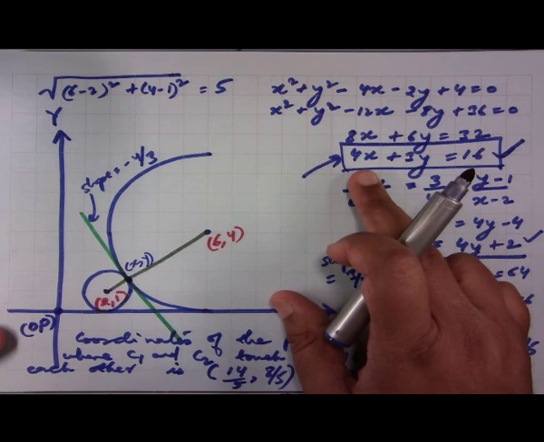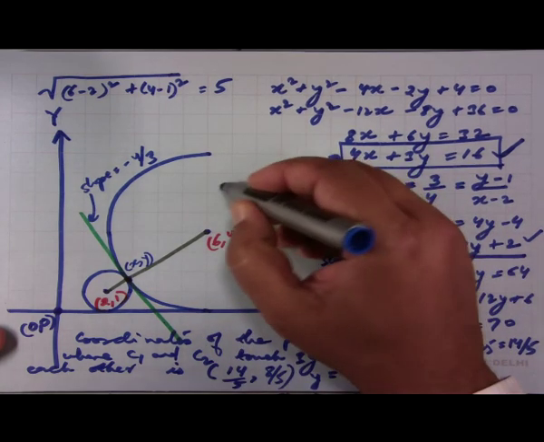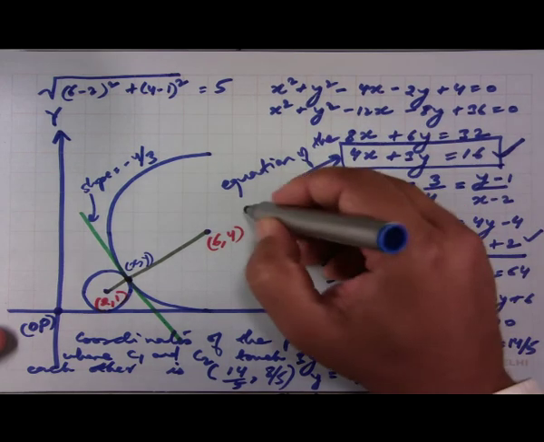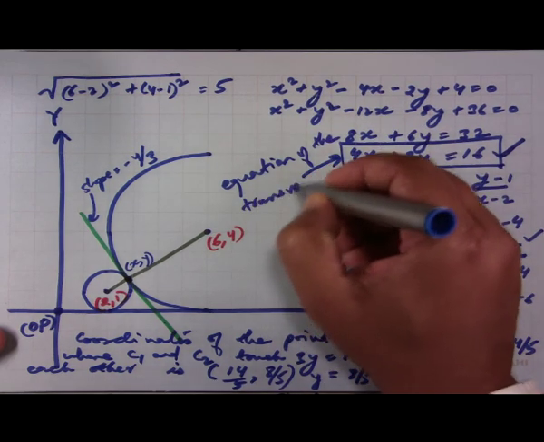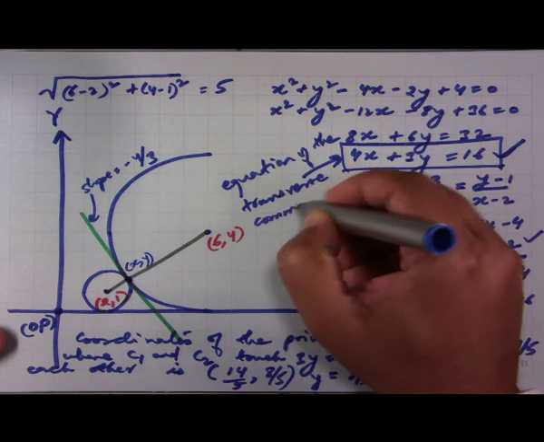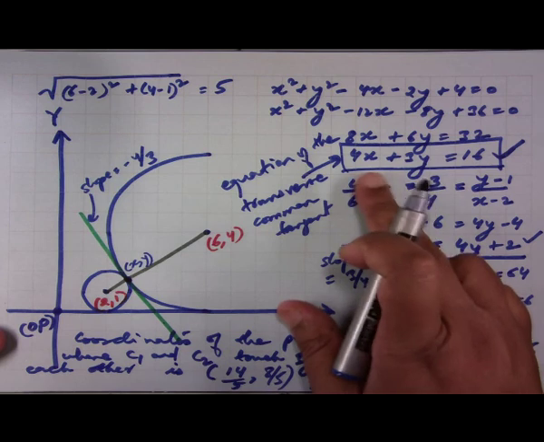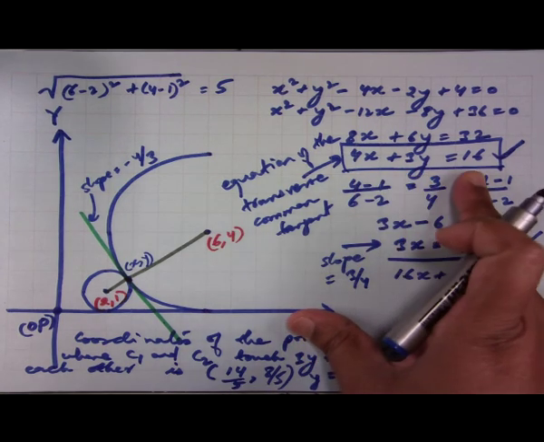So, therefore, the equation of the transverse common tangent to both the circles is 4x plus 3y equals 16.